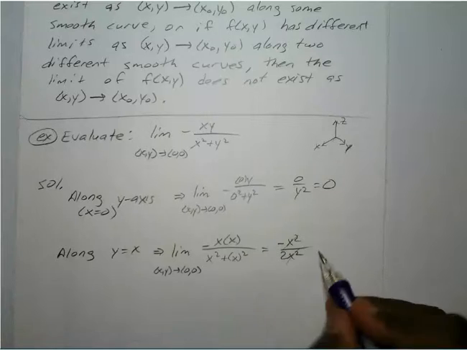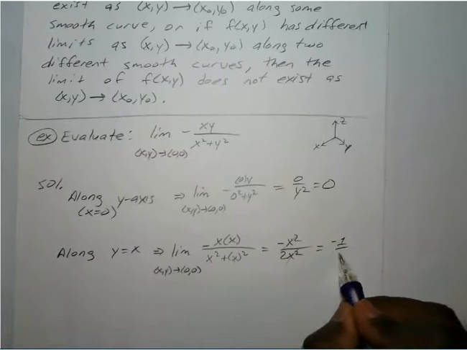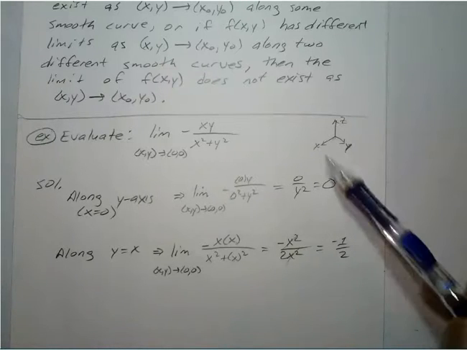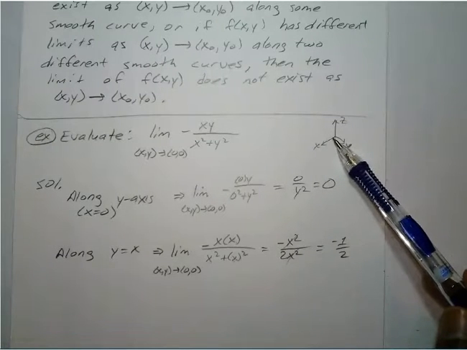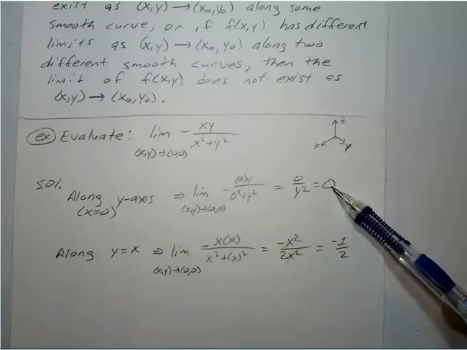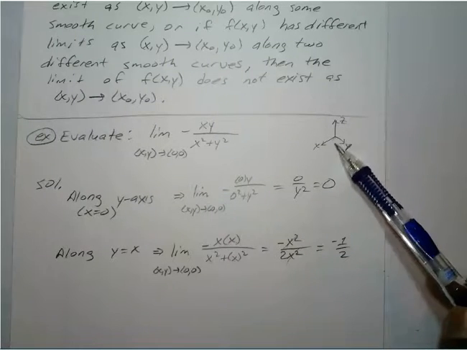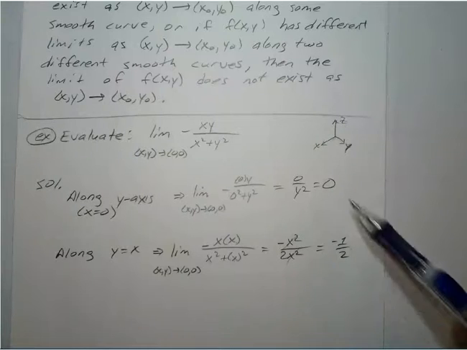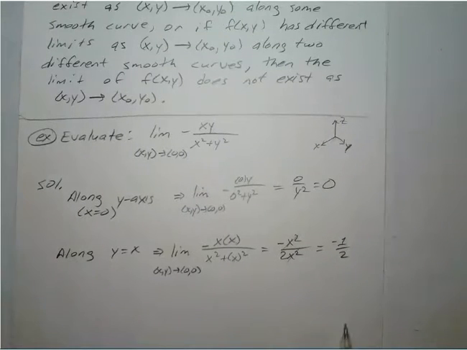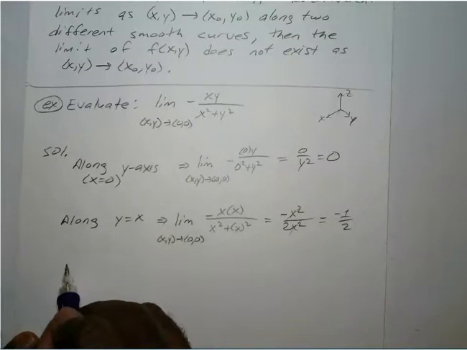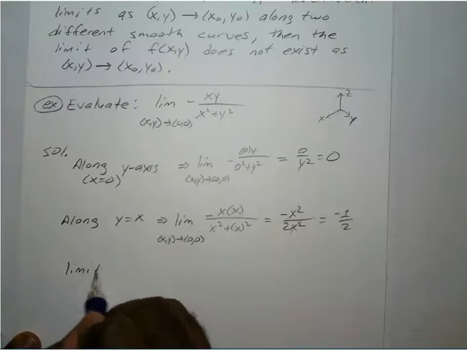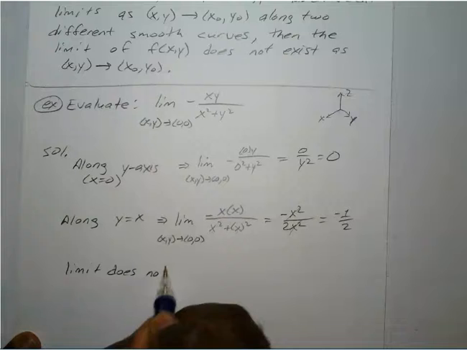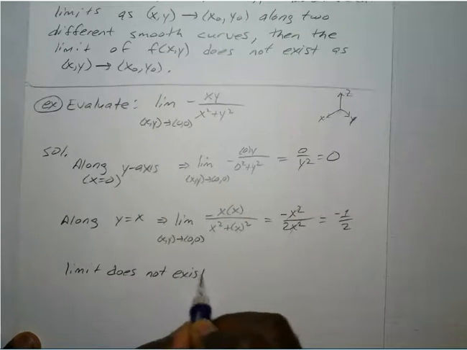These two cancel out, which leaves you with negative 1/2. Okay, so here you have a limit. If you approach it from the x-axis, you have a limit of 0. But if you approach it from a diagonal, you have a limit of negative 1/2. So since you have two different limits approaching the same point, the limit doesn't exist. So the limit does not exist.